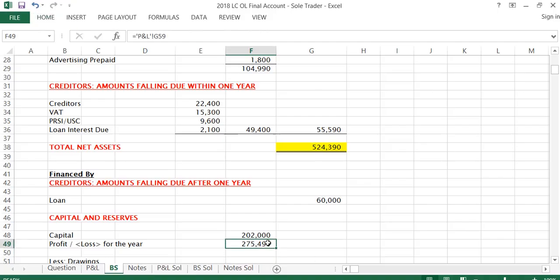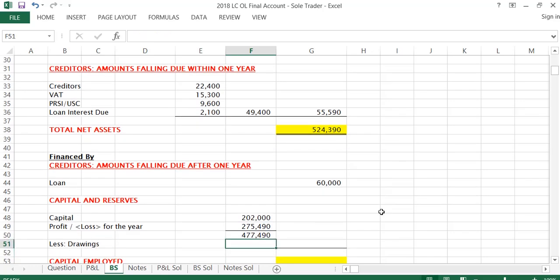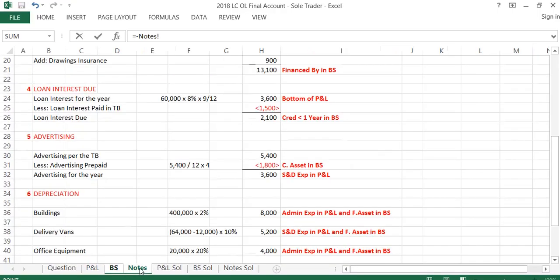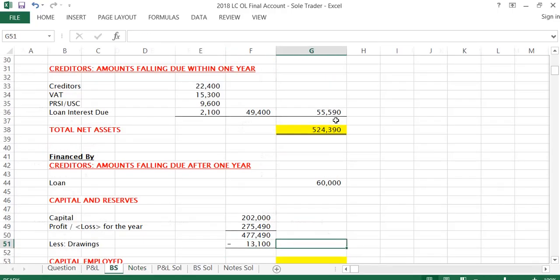So I'm going to add these to give me 477,490, and then I need to take away the drawings. Again, we looked at the drawings in the notes. The drawings increased by €900 throughout the year, so at the end of the year, drawings were 13,100. And that needs to be taken away.